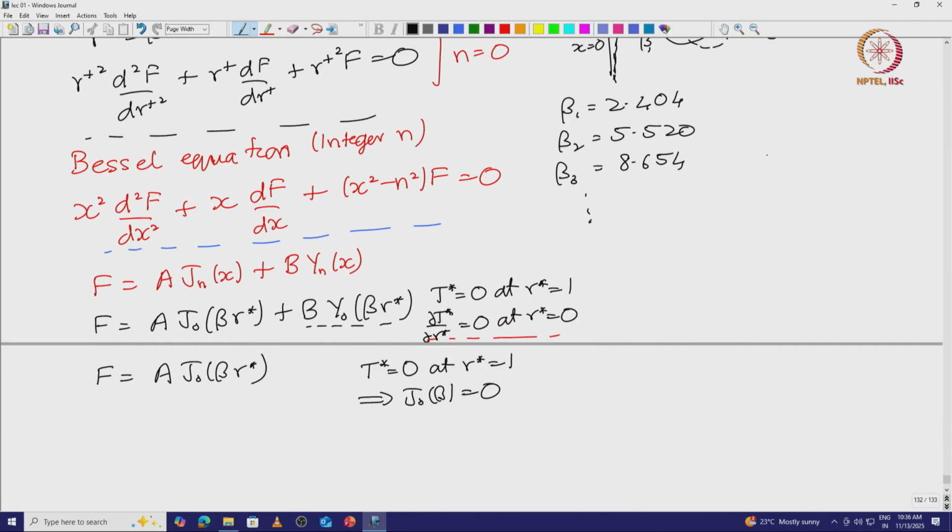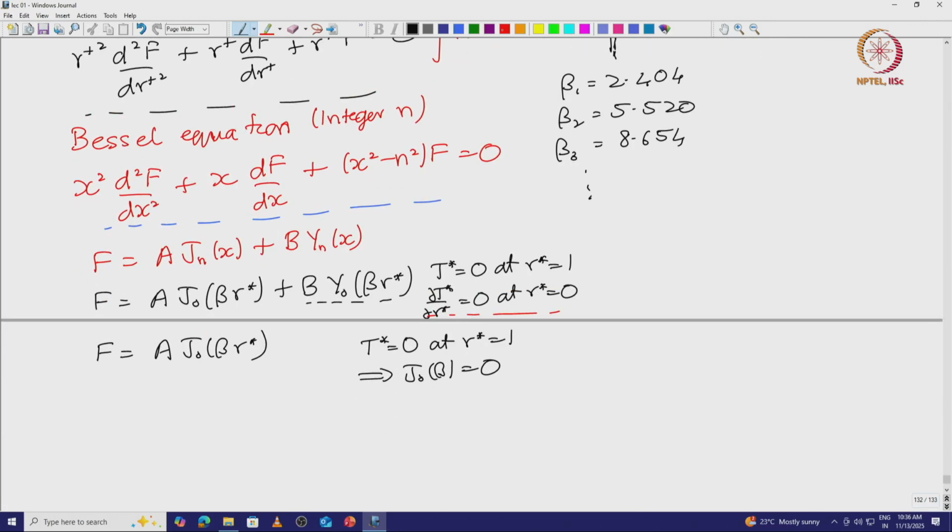Recall that in the Cartesian coordinate system, we required that sine of beta be 0 and beta was equal to i times pi, where i was an integer, with multiple values of i for which this was satisfied. Similarly, there are multiple values of beta for which this is satisfied.